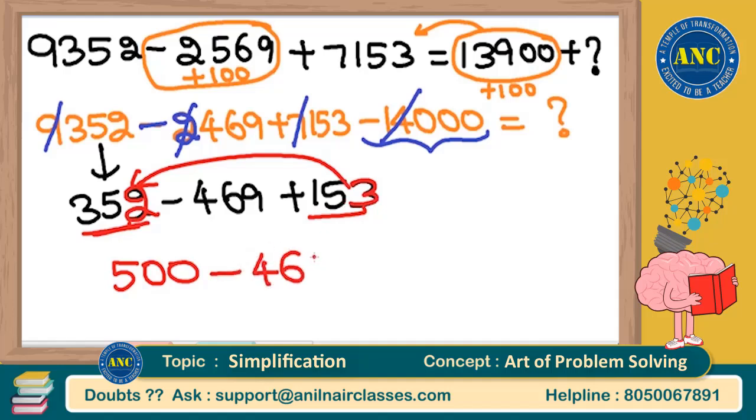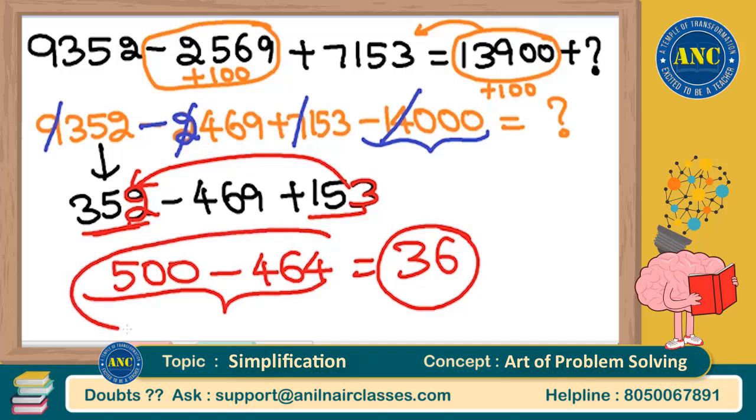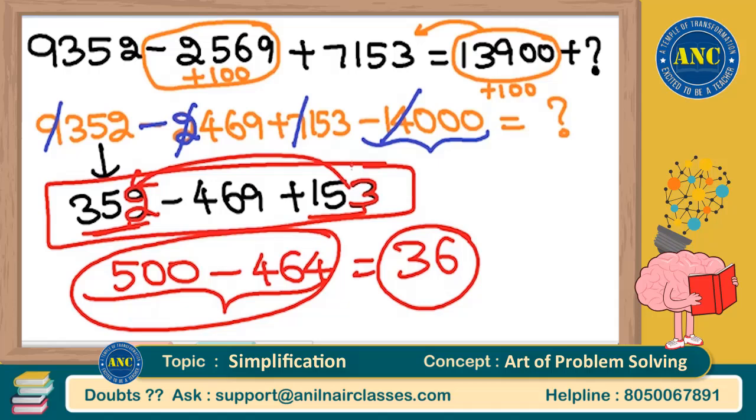So minus 469 plus 5, minus 464. Answer is 36. It is much easier to simplify this by making it a fancy number compared to simplifying this, which is not a fancy number. I hope I am able to make you realize how easily you can shift it here and there and get the answers very fast, and that too without using answer options.